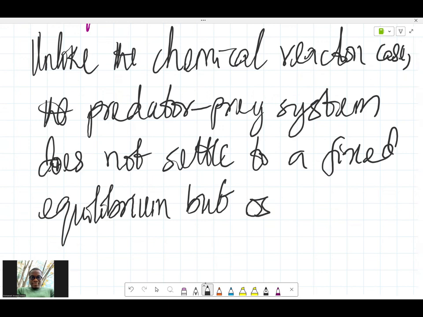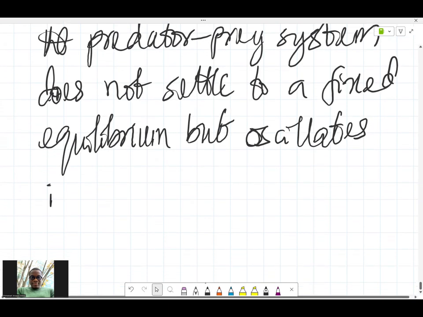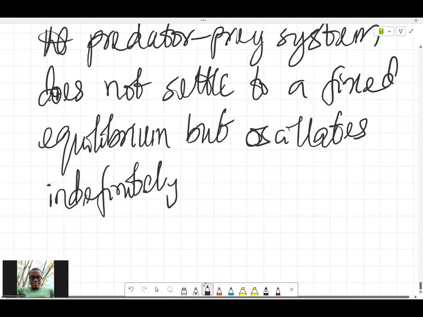It's like my handwriting is oscillating there, but it oscillates indefinitely. So it just continues in that cycle.